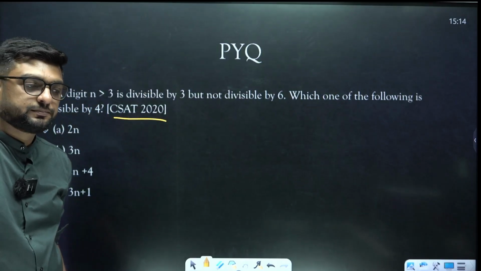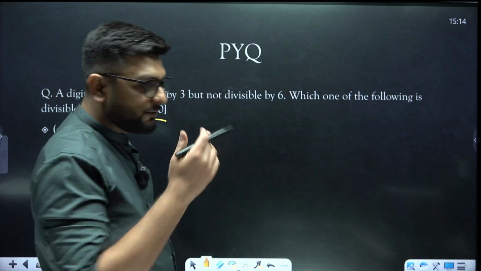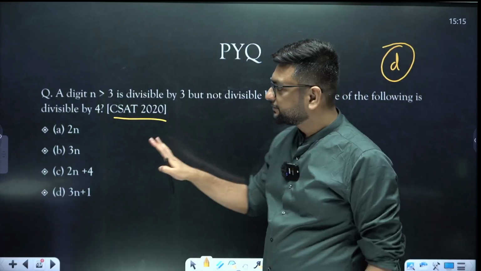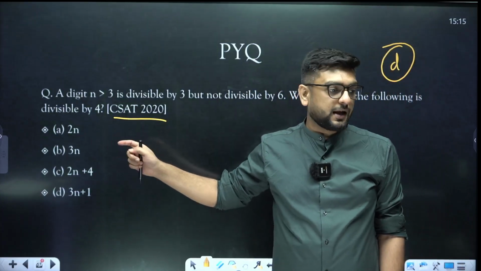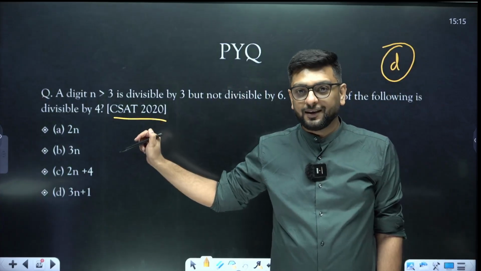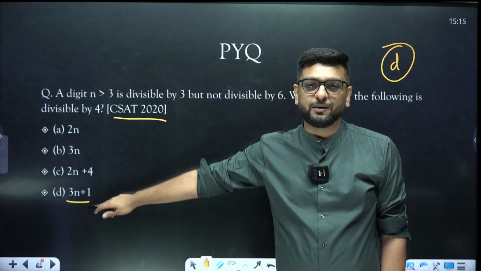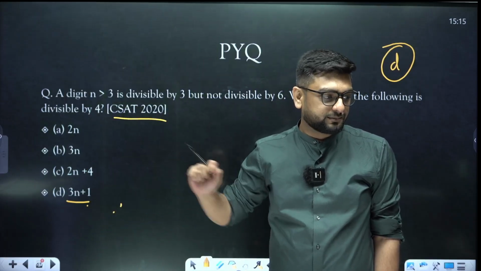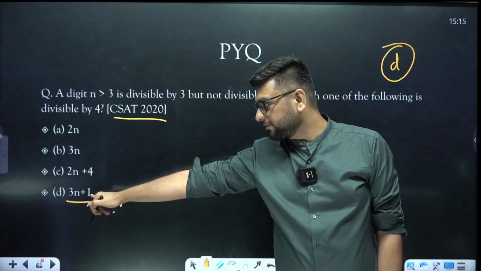Perfect. जितनों ने भी आंसर डी दिया है, टेल मी वन थिंग. एनीवन हू इज सेइंग डी? एक कोई आ जाए अभी जो बोल रहा है डी. 15 पे बताओ मुझे. 15 पे. व्हाट इफ आई टेक 15? एनीवन हू कैन प्रूव दैट इन 15 आई विल गेट द आंसर?